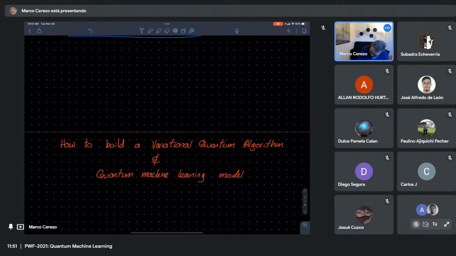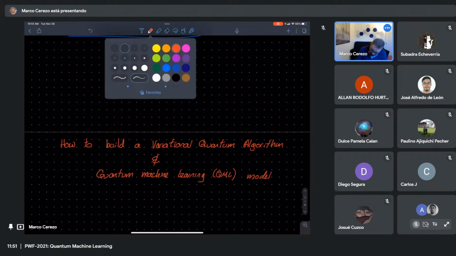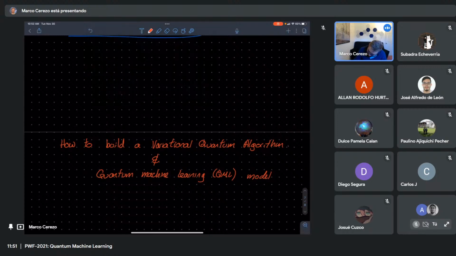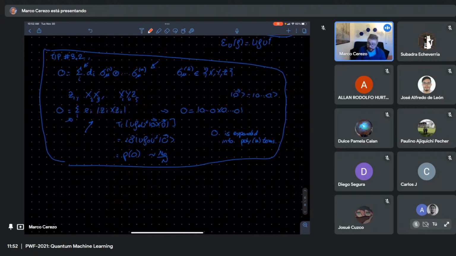Here, let me just define acronyms because we're going to be using them quite a lot: QML for quantum machine learning and VQA.